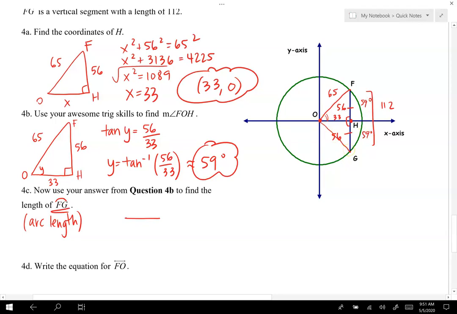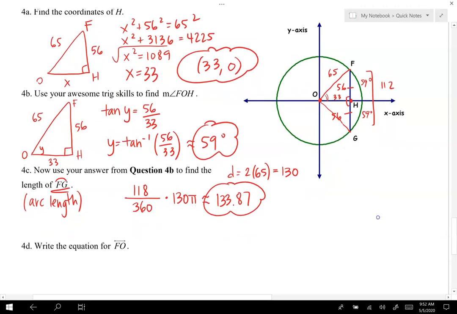So 59 times 2 means our arc measure is 118 over 360 times diameter. My diameter would be 2 times 65, just 130. So 130 pi. And if you could give me 2 decimal places for that, that would be awesome. It's about 133.87.